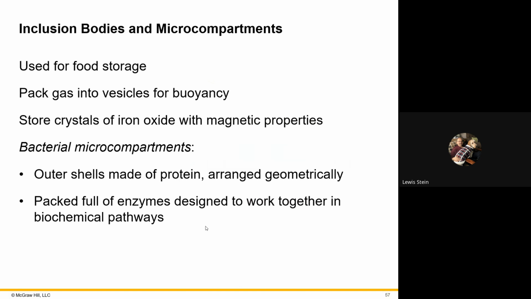And then just to complete the picture, food storage. They don't have the capacity other than in what we call inclusion bodies, and we use a lot of them for identification. Again, bacteria that need air float to the surface. They have vesicles that might have gas, for instance, so we can identify them.